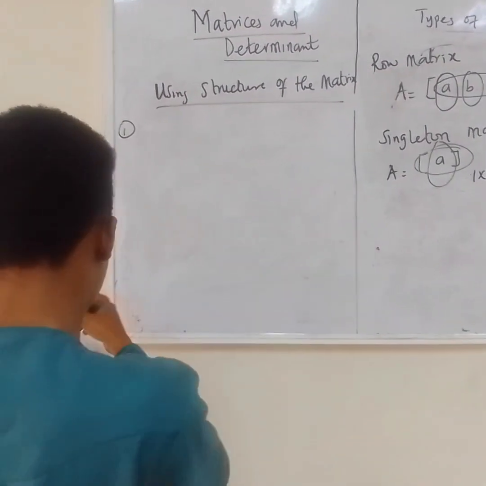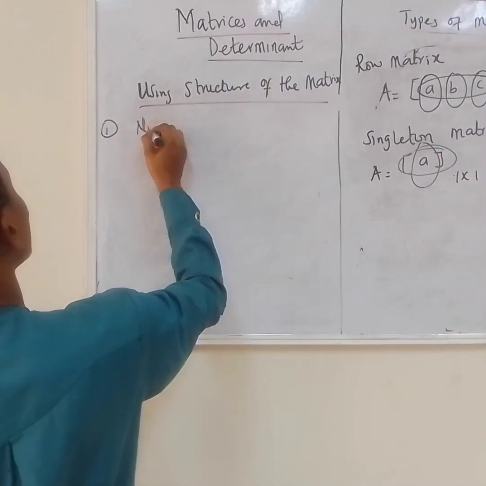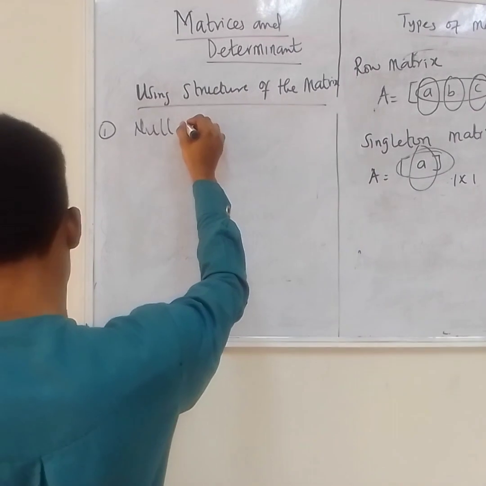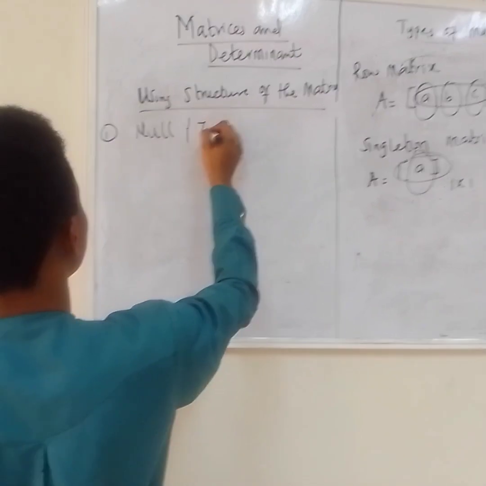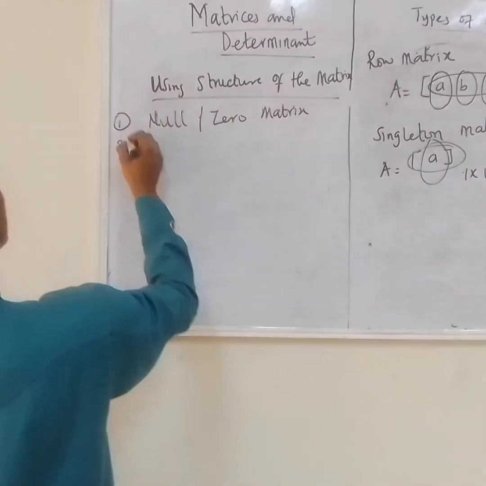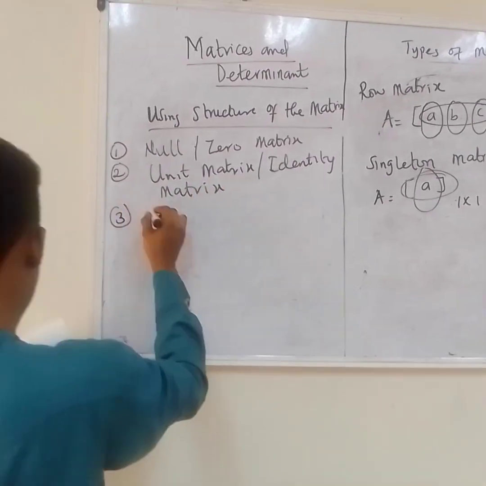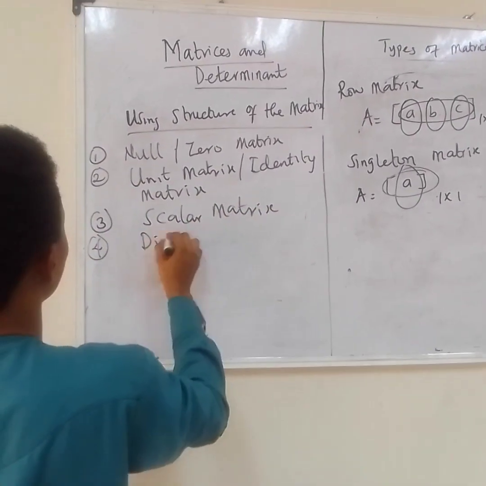Then the next one. Under this type, we have the null or zero matrix. Two, we have the unit matrix or identity matrix. Three, we have the scalar matrix. Four, we have the diagonal matrix.